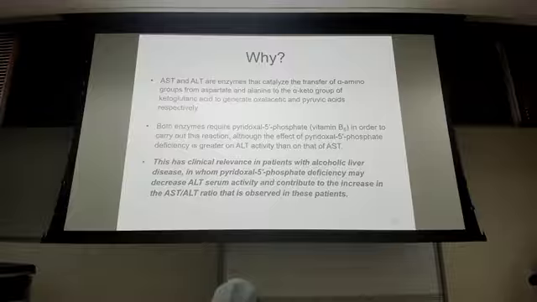And it talks about the pyridoxal 5-phosphate deficiency, and because that's inhibited with ALT, AST goes up higher. I'm not going to test you on the background and the biochemical. If that was important, you would have had it in biochem.